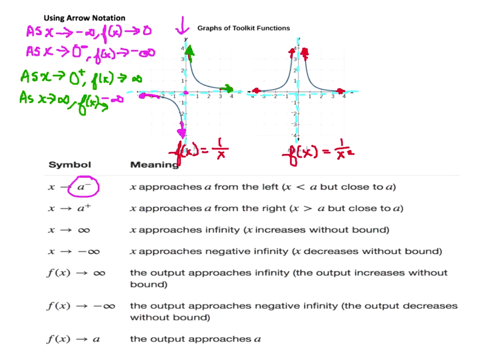And then this last tail in here, as x approaches positive infinity, we're getting more and more positive in our x values, f of x approaches the x-axis, so 0.